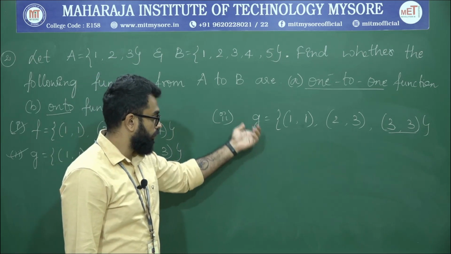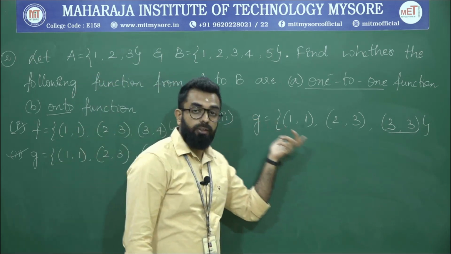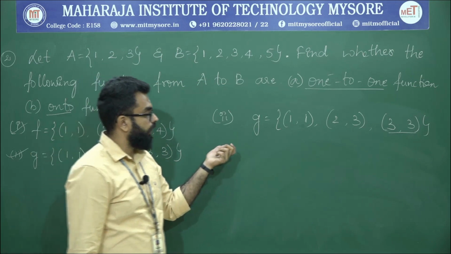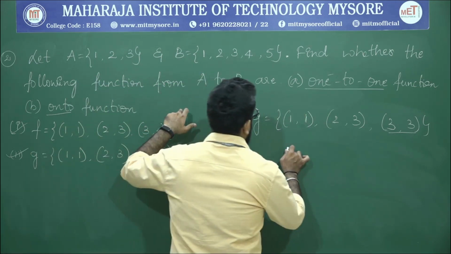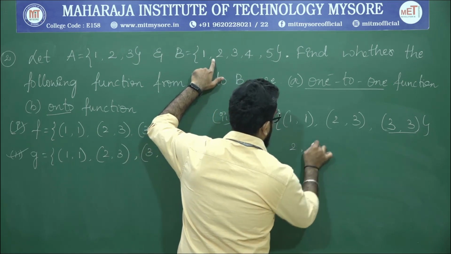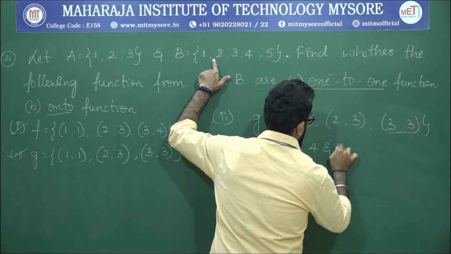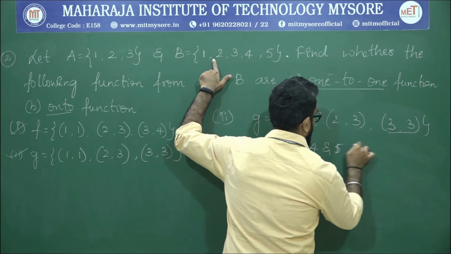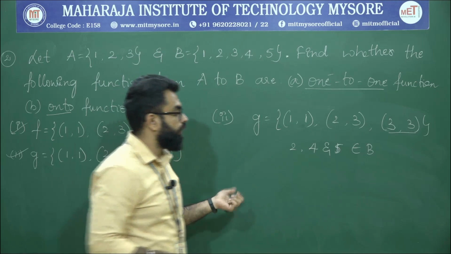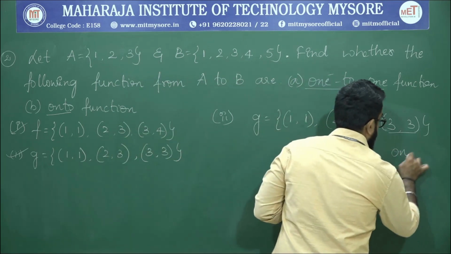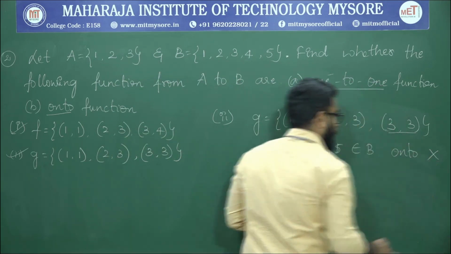So for function g, to conclude, you can say that not all the elements, namely elements 2, 4 and 5 that belong to set B, have pre-images, so it cannot be an onto function. Ruled out.